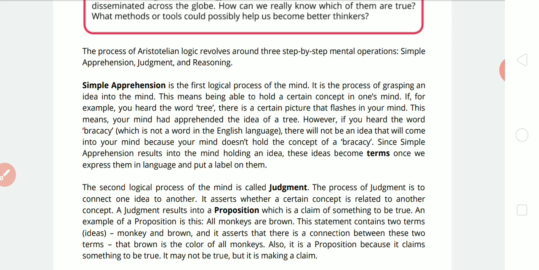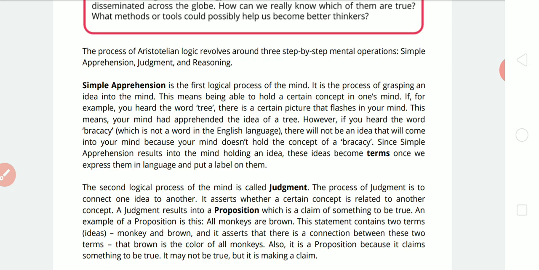Now let's consider a good example about simple apprehension. For example, you heard the word tree. Now, there is a certain picture that flashes in your mind. For example, I say that a tree has green leaves with fruits in it. By just hearing that statement, of course, I know that you're already forming that image in your brain.